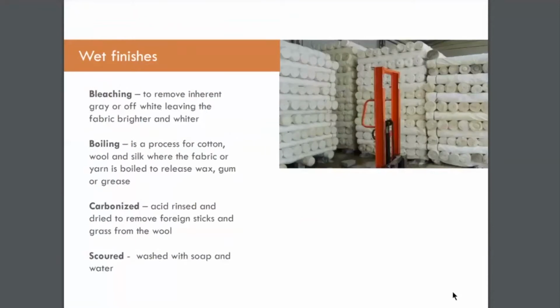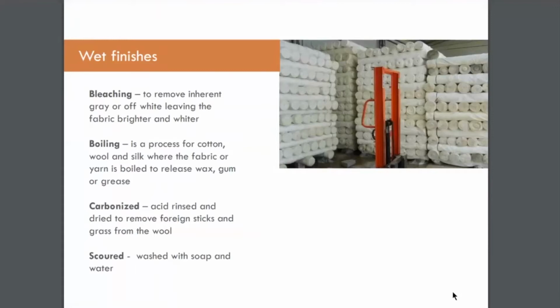Wet finishes include bleaching, which you're familiar with, and boiling. Textiles or fabrics, cotton, wool, can be boiled to remove wax, gum, grease. We talked about silk being very gummy, and so you want to remove some of that by boiling first. A carbonized wet finish is an acid rinsed and dried to remove foreign sticks and grass from the wool.